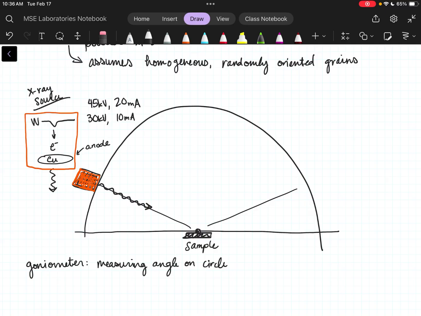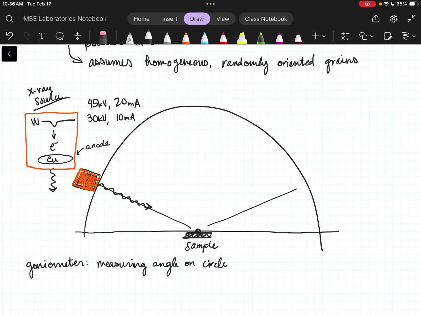And these shoot right toward the middle, or sort of this center axis, where I have my sample. And for a lot of this, I'm going to draw an X-ray as if it were a flat line. I'm not going to do the wiggles every single time.